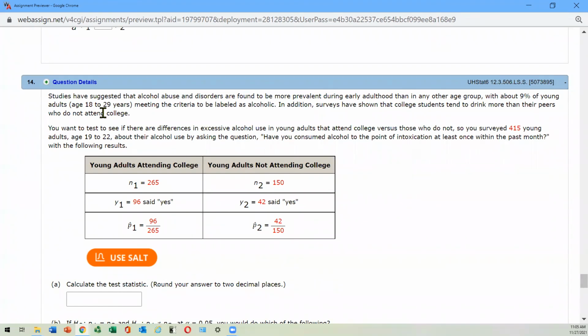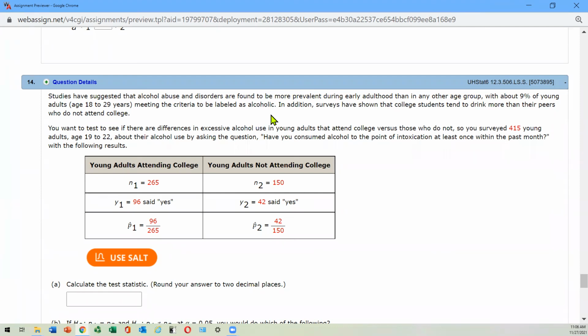Studies have suggested that alcohol abuse and disorders are found to be more prevalent during early adulthood than in any other age group, with about 9% of young adults meeting the criteria to be labelled as an alcoholic. Wow. In addition, surveys have shown that college students tend to drink more than their peers who do not attend college.